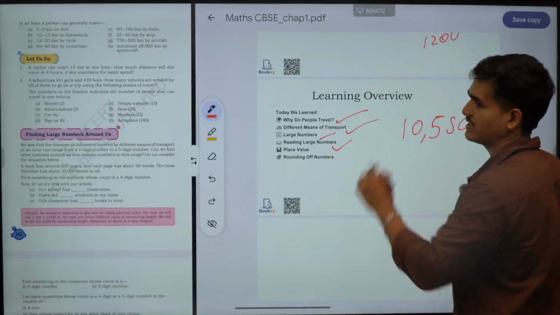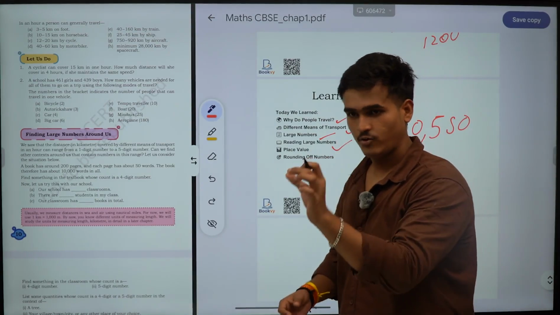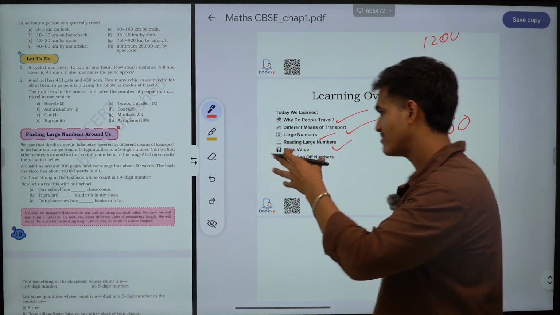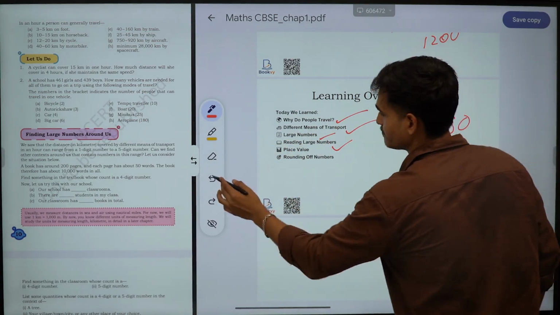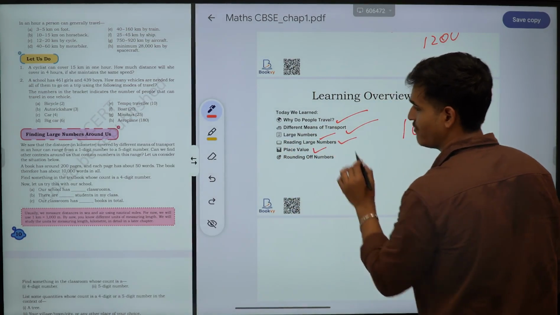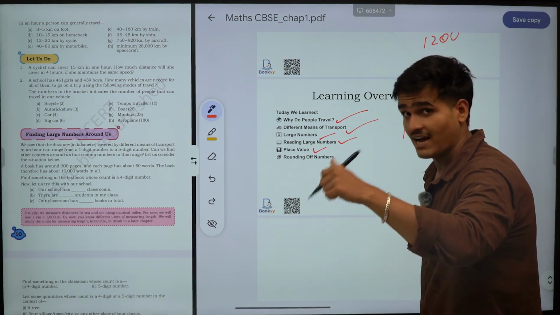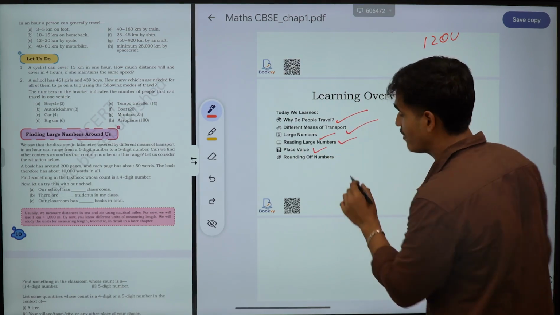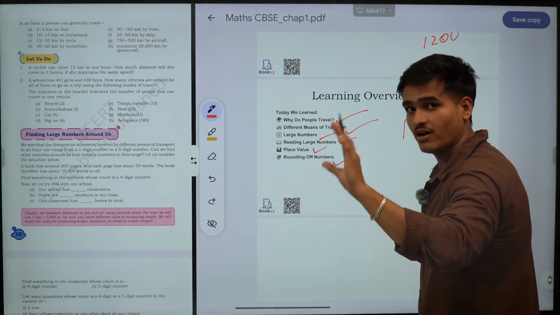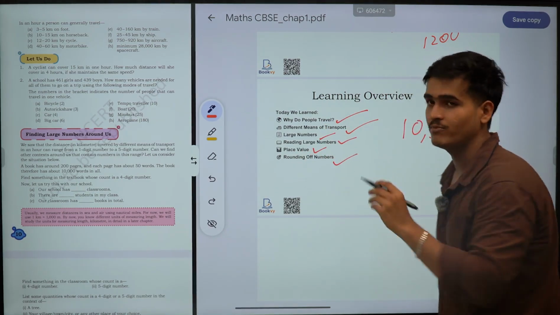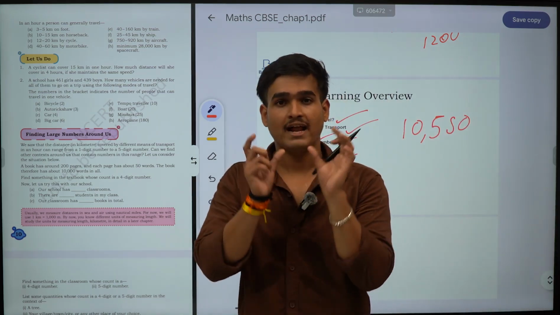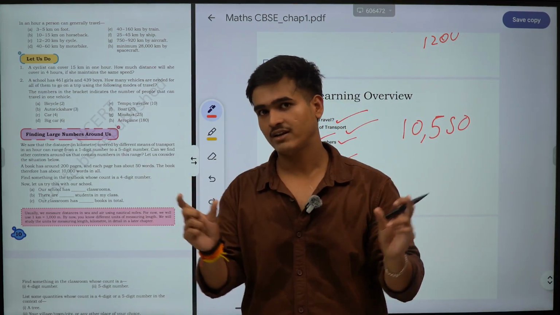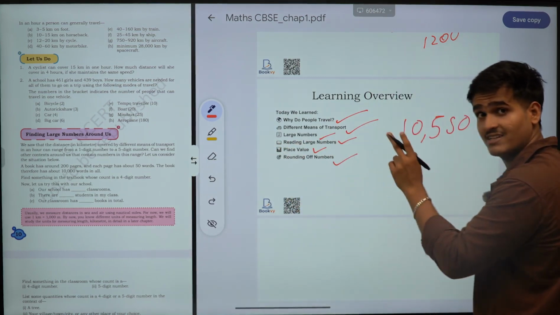Then reading the large number. I have taught you the reading, right? Units, tens, hundreds, thousands, ten thousands. Then placing the value. How would you place the value? I have taught you the golden rule. Golden rule is for rounding off. Placing the value means placing the value appropriate for that particular number. Like I have taught you the difference now, right?